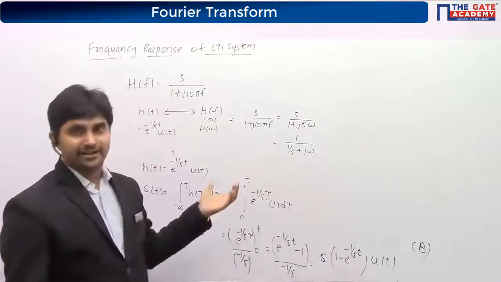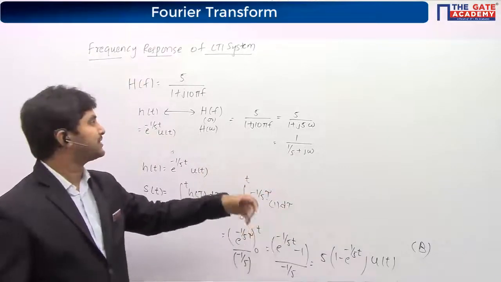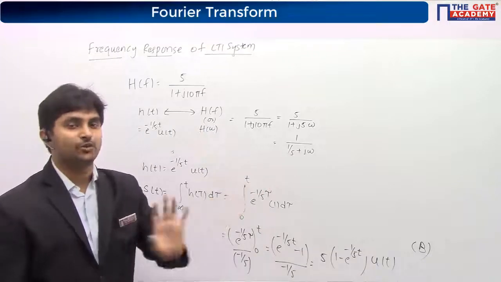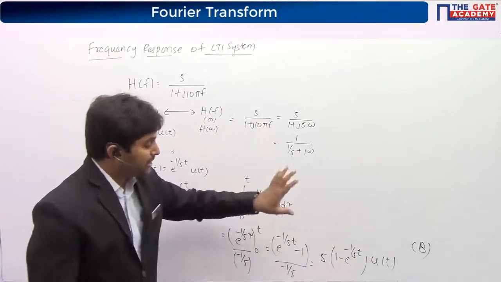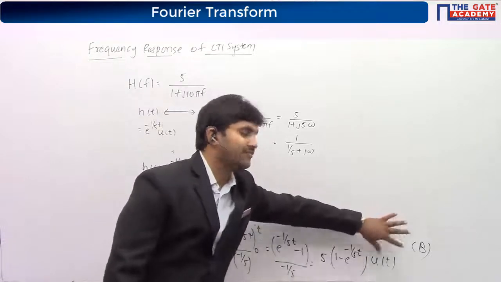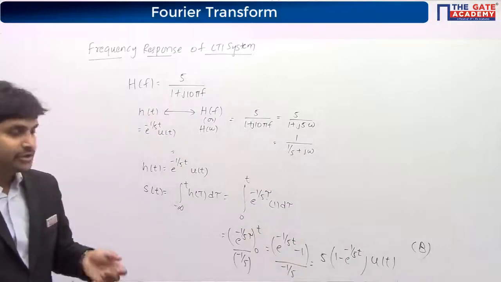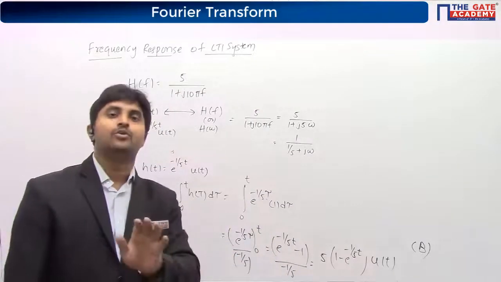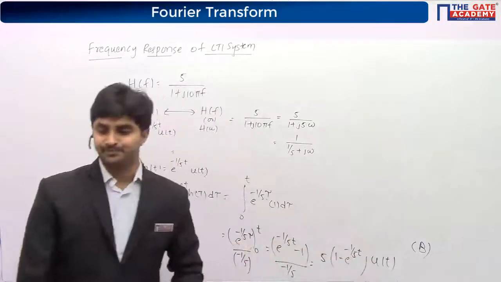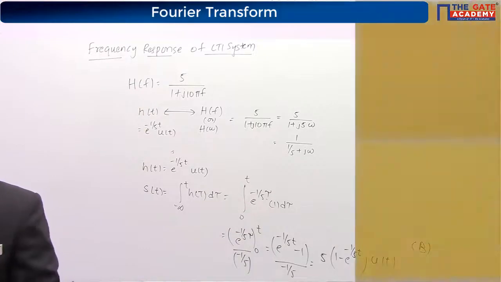If t is negative, the entire integration becomes 0 because of the presence of u of t. U of t is applicable only for t greater than 0. So to make it clear that this is applicable only for t greater than 0, I will write u of t. In all such cases, we will write u of t at the end. I'm sure it is clear now. Let us go for the next question.